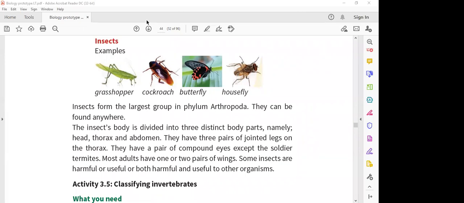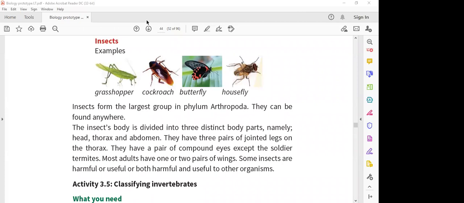There are 3 main or distinct body parts, distinct from each other. Okay, that is the one characteristic of all insects. Now this separates them from the other groups when we are classifying.